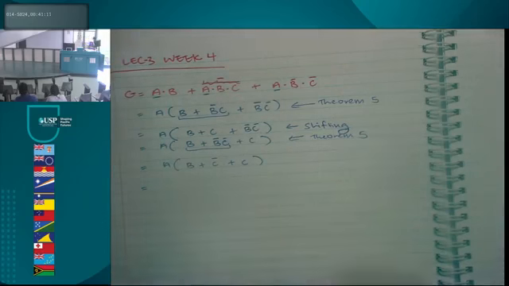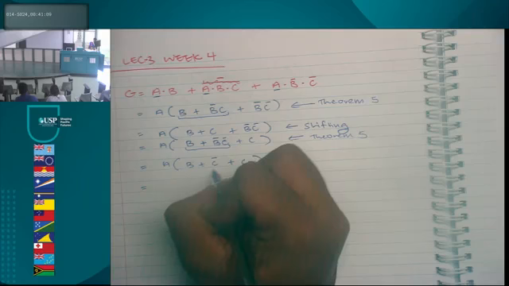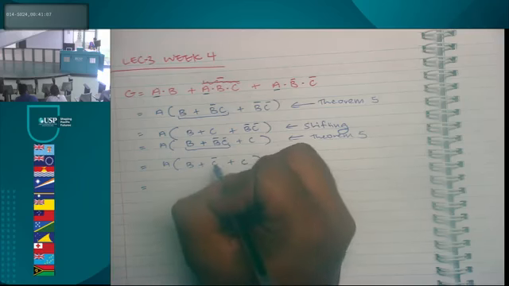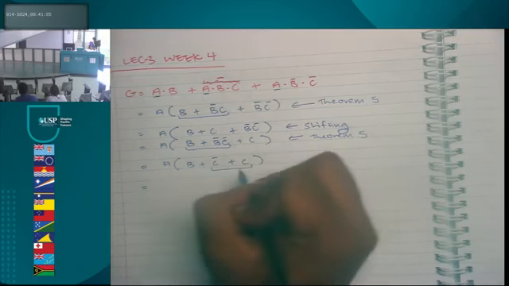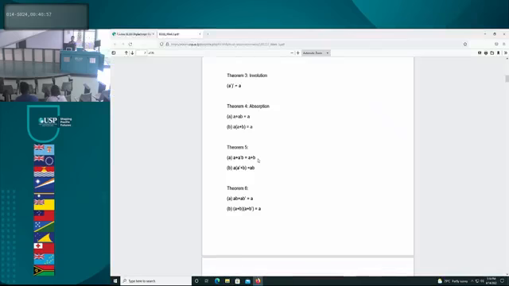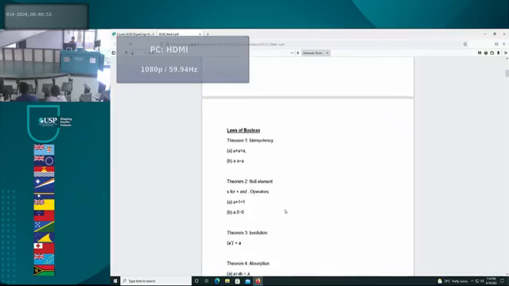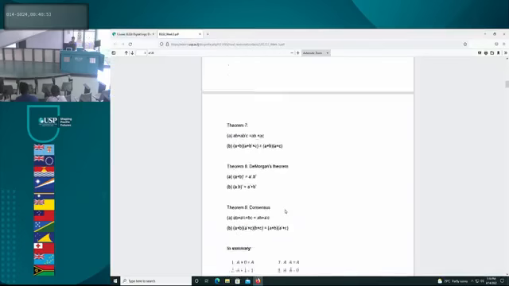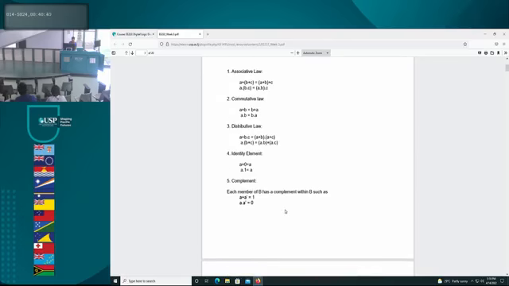Now, we can see C inverted or C, right? This is the complement theorem or complement law, right? Let's look at that first of all. Where is the complement law? Oh, here. Okay. A or A inverted, right?